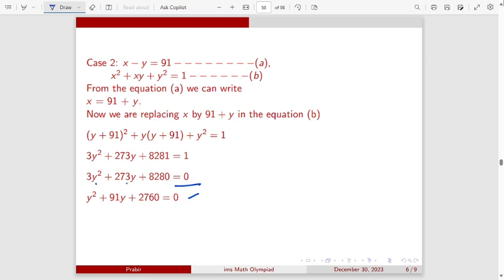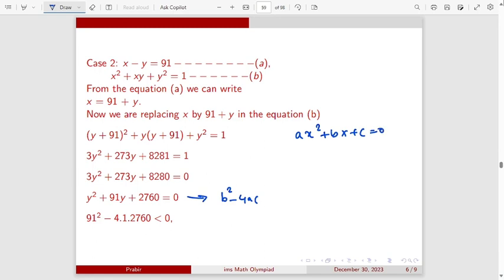Okay, let's see. For that reason, we are now going to compute b square minus 4ac. Let me remind you: suppose you have the quadratic equation ax square plus bx plus c equal to 0. It will have a real solution if and only if b square, where b is the coefficient of x, minus 4ac is not less than 0.